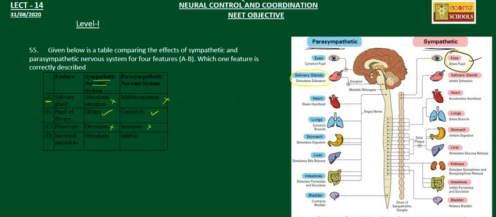Then peristalsis: it stimulates peristalsis in parasympathetic, but here they have given it stimulates in the case of sympathetic, so this is also wrong. So the right option is pupil of eye, that is option B.